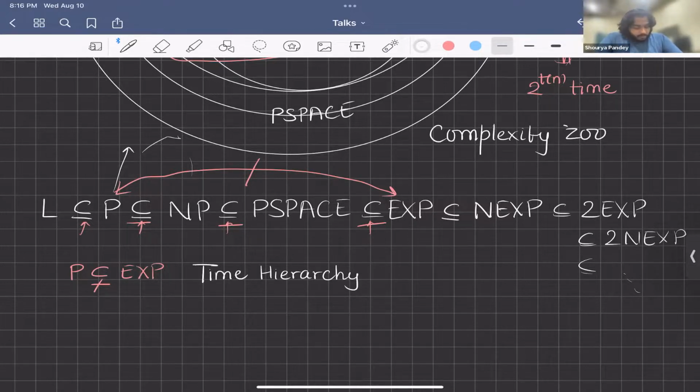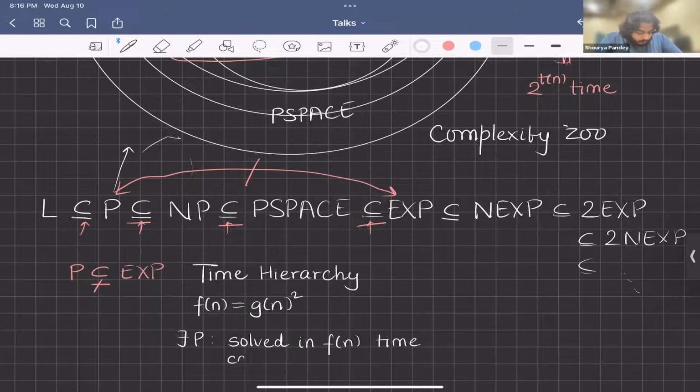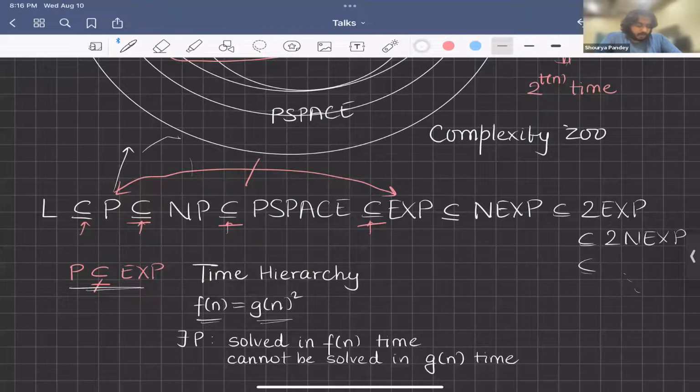But what the time hierarchy theorem states, roughly, is that if a function f is the square of another, g, then there exists a problem that can be solved in f of n time but cannot be solved in g of n time. So that definitely proves this, because exponential is much more than the square of a polynomial.